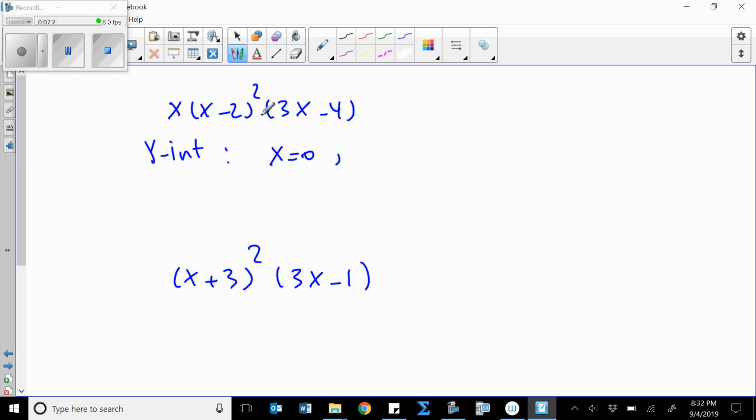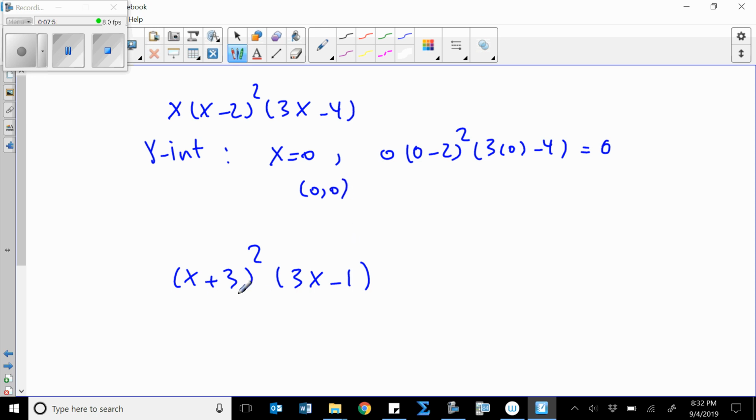So I plug in 0 for x: 0 times (0 minus 2) squared times (0 times 3 minus 4). This is just equal to 0 because 0 times anything is 0. So my y-intercept is 0 and 0.